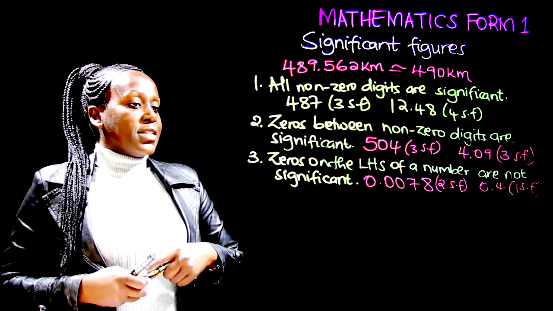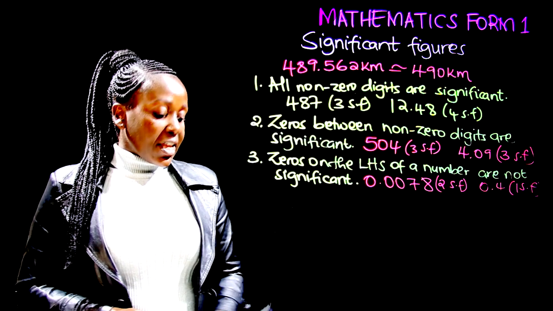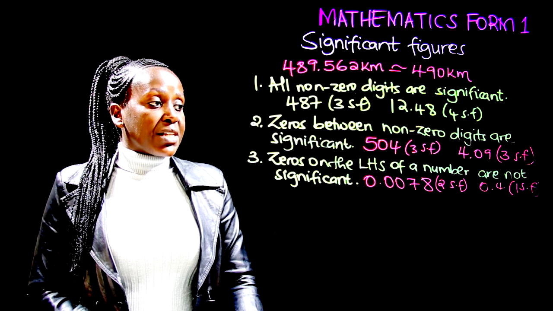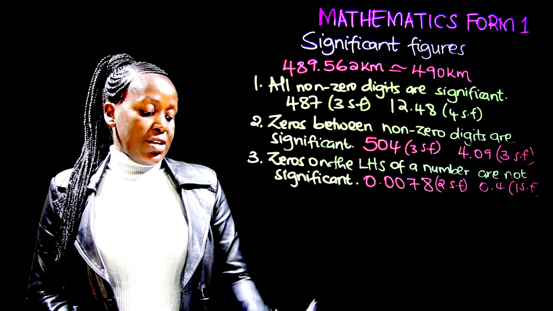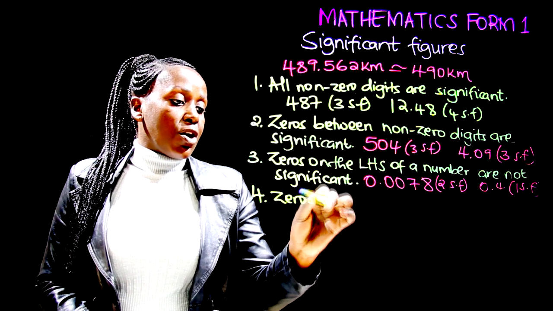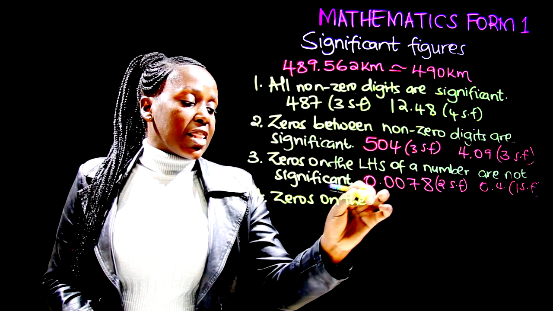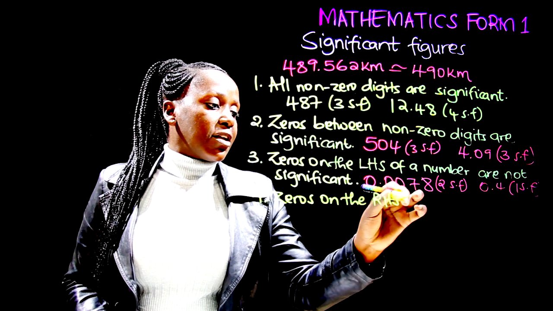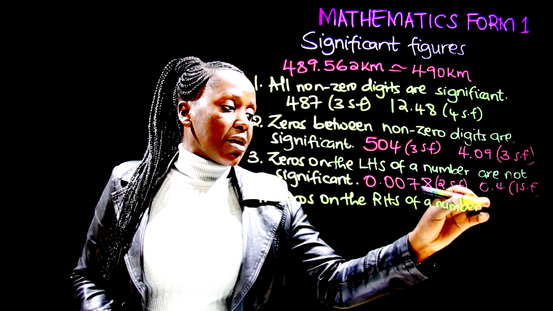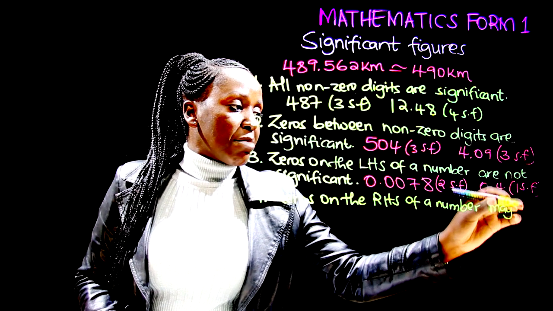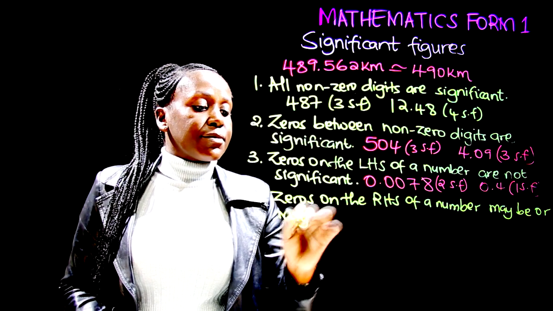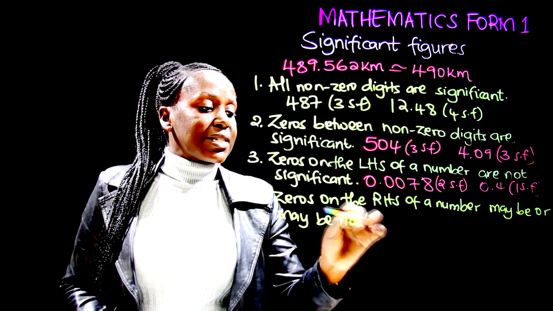Now, what about when zeros are on the right hand side of a number? Are they considered to be significant or not? Now, if you have zeros on the right hand side of a number, they may be or maybe not significant.